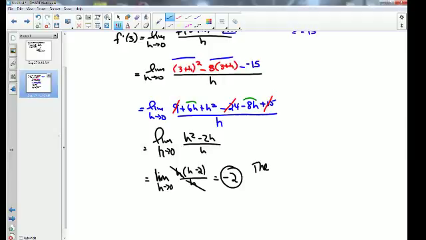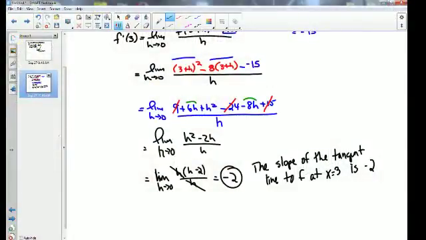F prime is the slope of the tangent line to F at what value? X equals 3 is negative 2.